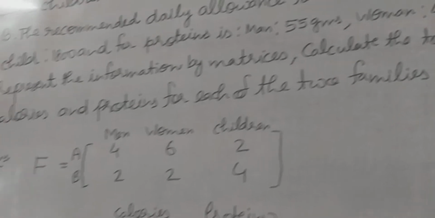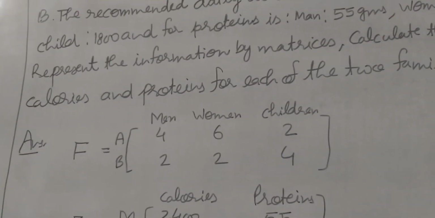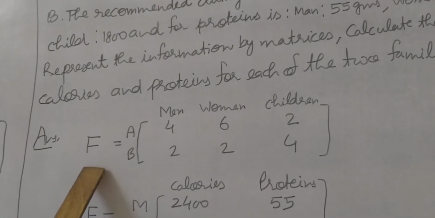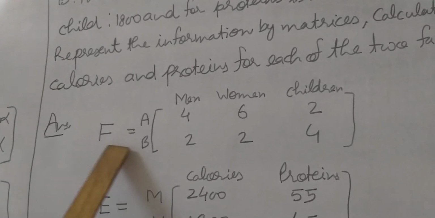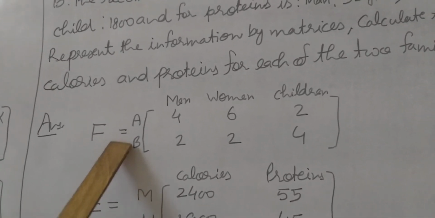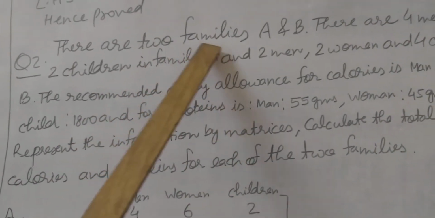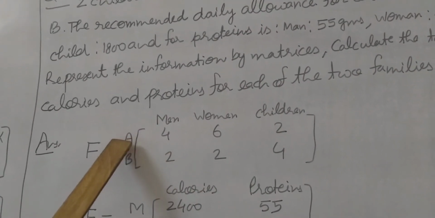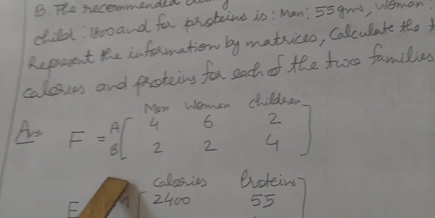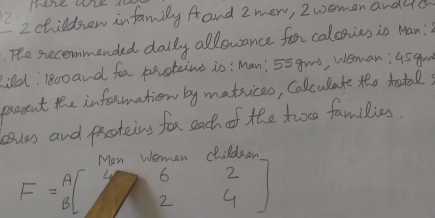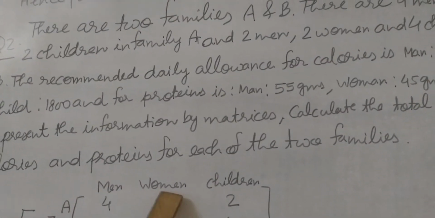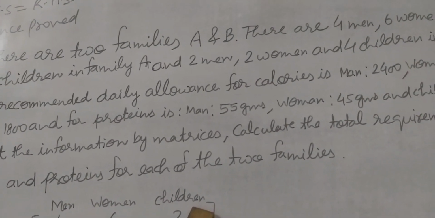Now students, let us form the matrix. First matrix, I have written here F equals to. 2 families are there, A and B students. So I have mentioned here A and B. Members in families are man, woman and children. Correct?